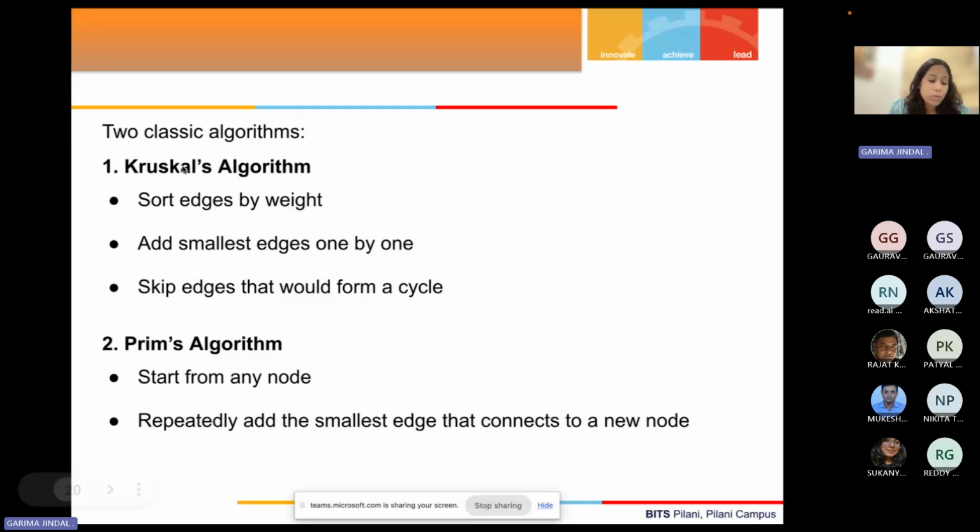This is how Kruskal's algorithm works. Let me explain it with the help of an example. Suppose I have this graph.